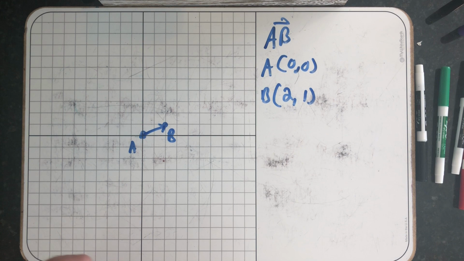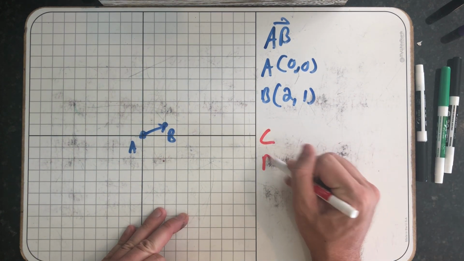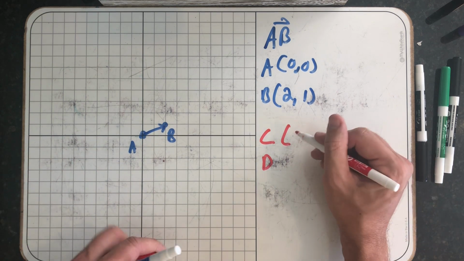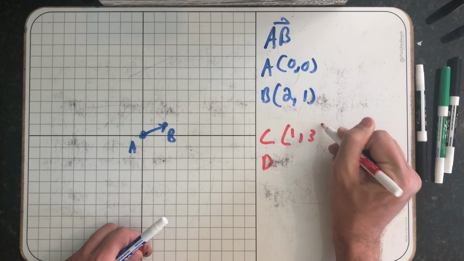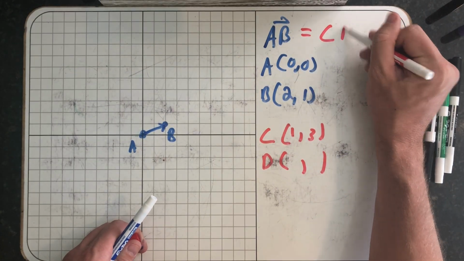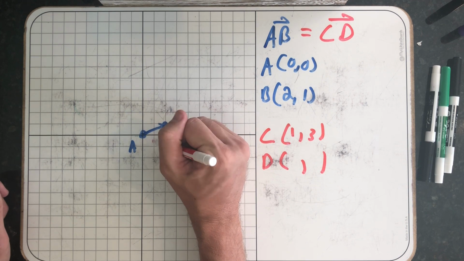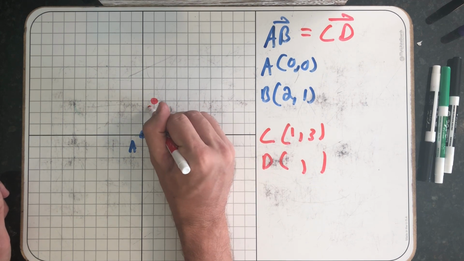I want to draw a vector that's equal to AB, that has initial point C, and I'm just going to choose that to be the point 1, 3, and a terminal point that we're going to think up together. So my goal is to have a vector that's equal to AB, but starts at 1, 3. So there's my point C.